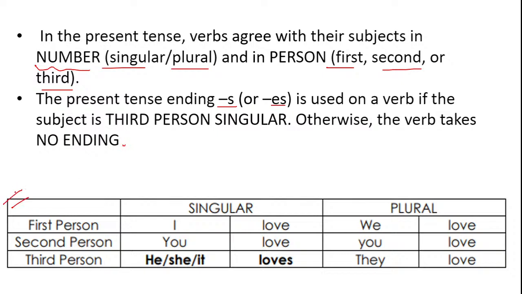The chart, as we discussed yesterday: if a person is first person singular, then what goes with I? Verb V1.